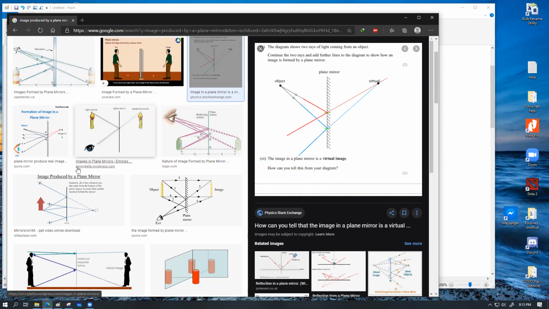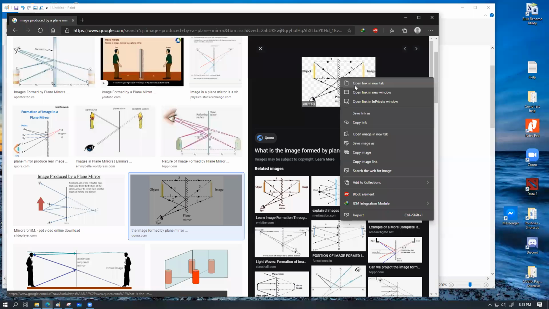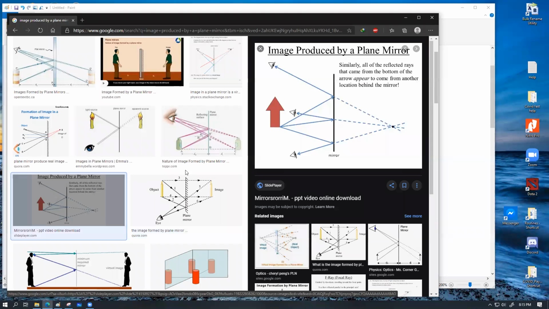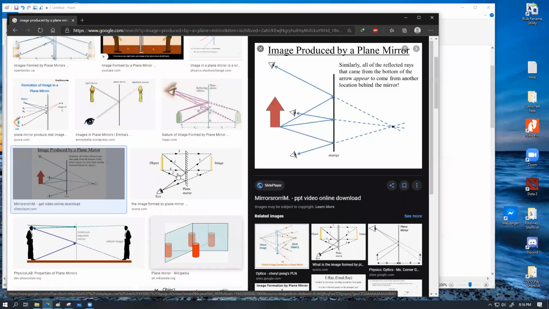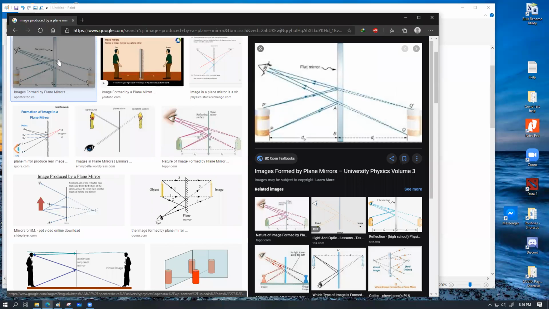Let's say, yeah, this one is good. This one is good. Actually, no, this one is not so good. Okay, I might as well take this image.